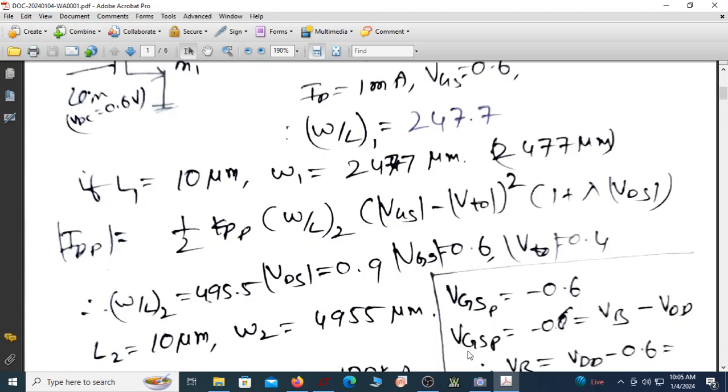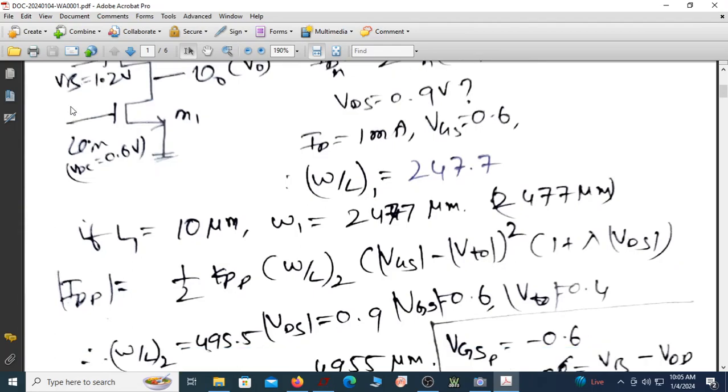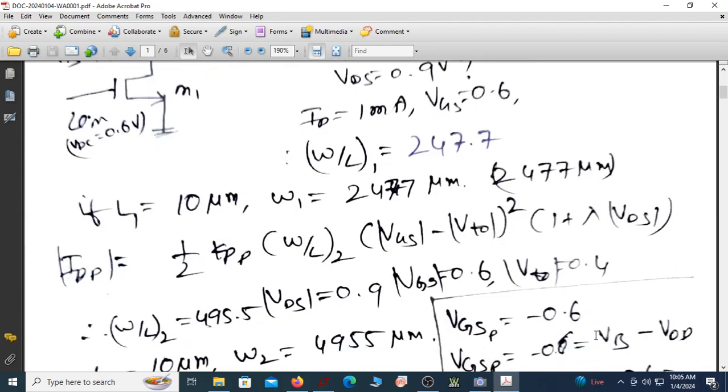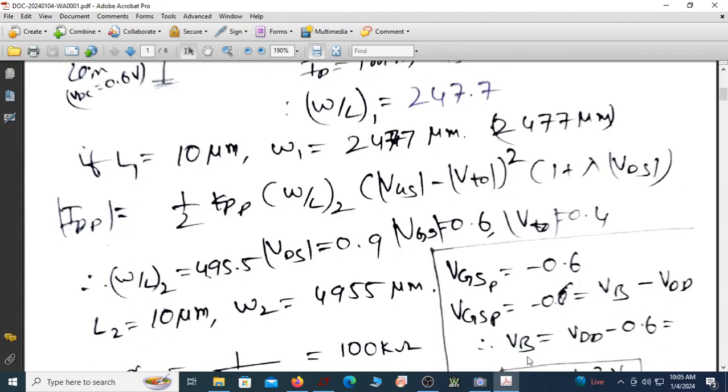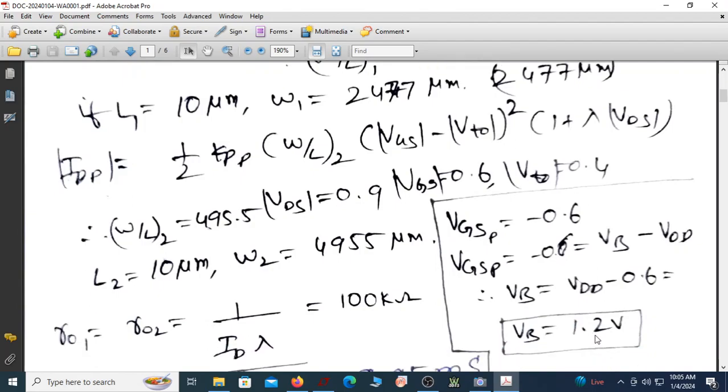We can write VGS as VG minus VS. The gate is connected to VB, and the source is connected to VDD. So we write VB minus VDD equals minus 0.6. Upon doing this, you get VB as VDD minus 0.6, which is 1.2 volt.